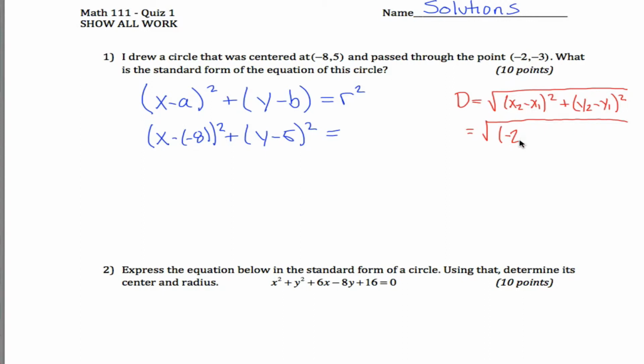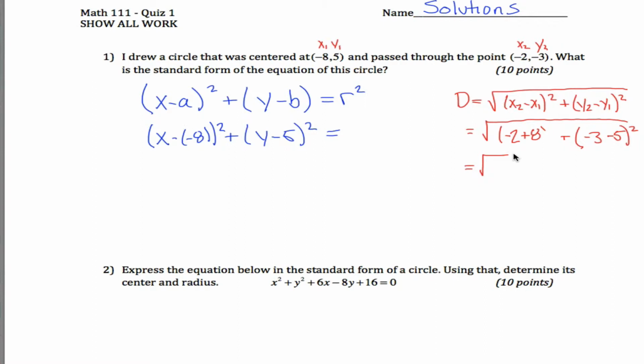Sorry, I wrote -8 and said -2. x2 would be -2, x1 would be -8. You can call these whatever you want, but let's just say I decided arbitrarily to name them this way. Then x2 minus x1 is -2 minus -8, and y2 is -3 minus y1, which is 5.